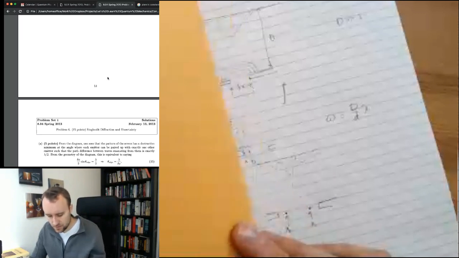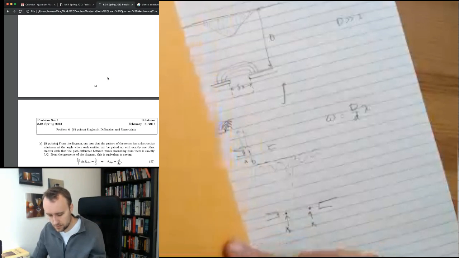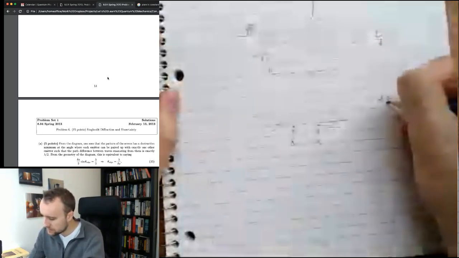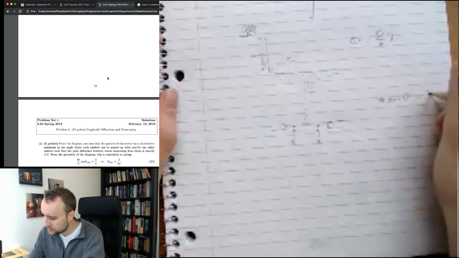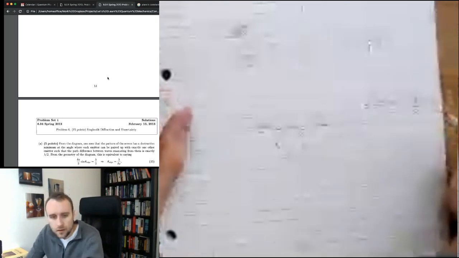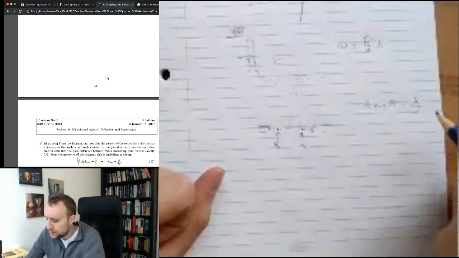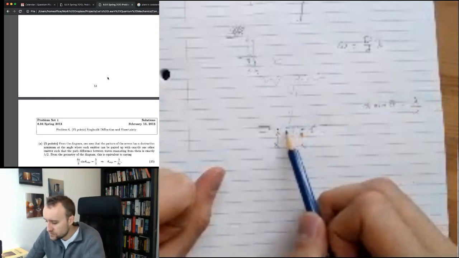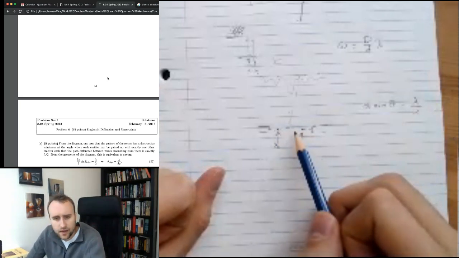I think the m is just the number, no? Yeah. So this first node is d sine theta is equal to this. So each one has to be paired up with that.